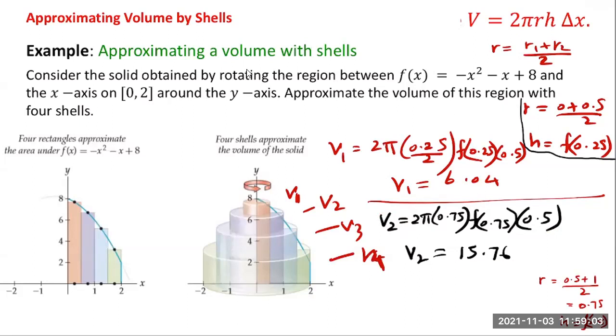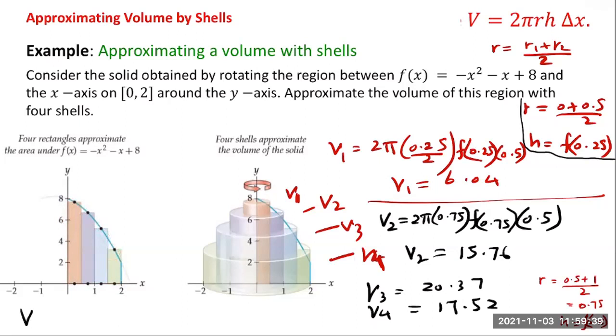Similarly, we can find the volumes of the other two shells. You will get V3 is equal to 20.37 and V4 is equal to 17.52. And the total volume, the approximation for the volume of the object that we obtain by rotating this region about the y-axis, will be the sum of the volumes of these four shells.